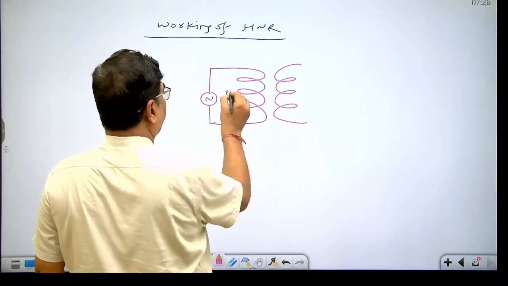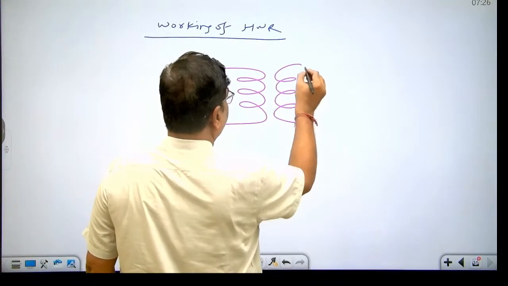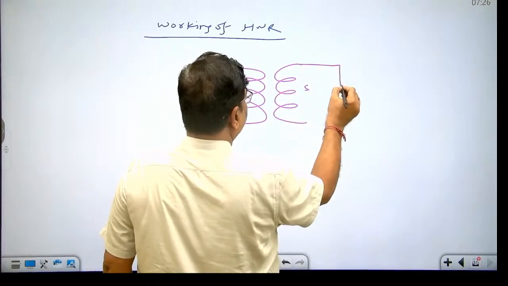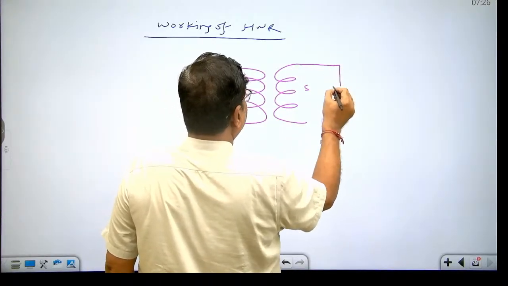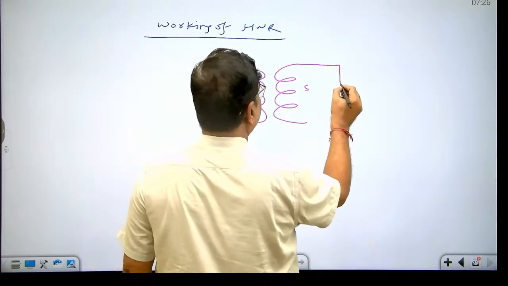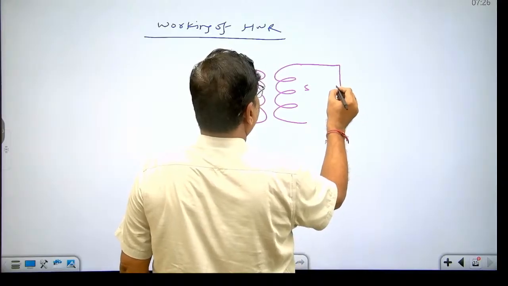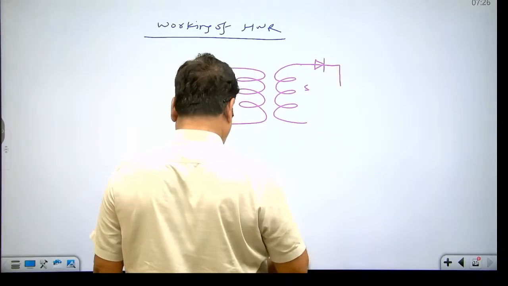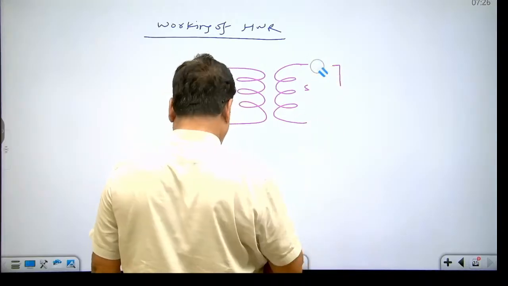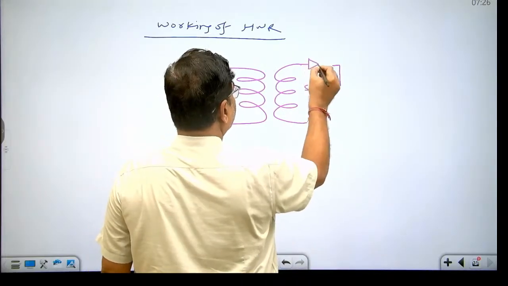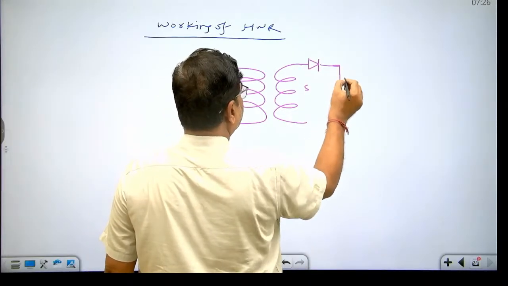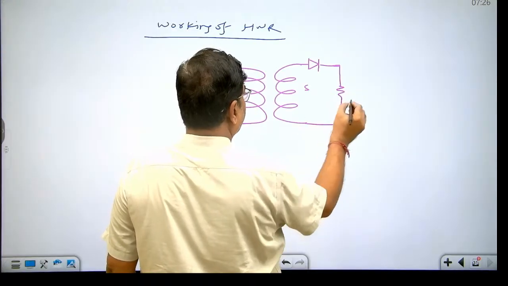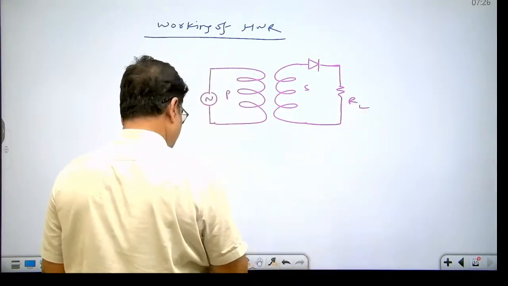This is primary of transformer, this is secondary coil of transformer, and this is the diode. And output signal is received across load resistance.